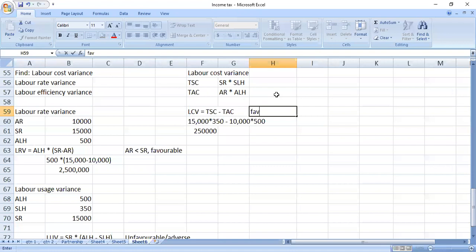So this is how managers cannot comment just straight. If you look at labor cost variance and see it's favorable, you're tempted to think that everybody is doing well, and yet that's not the case. So that's why we break down labor cost variance into labor rate variance and labor usage variance, to know where there's efficiency or inefficiency, then we try to take corrective action.